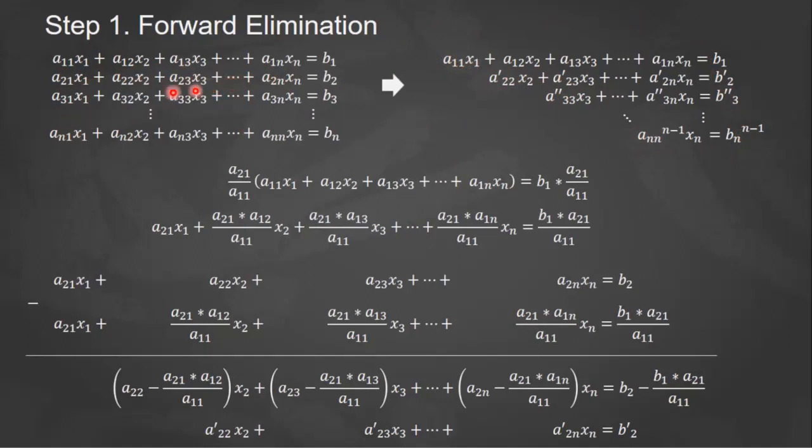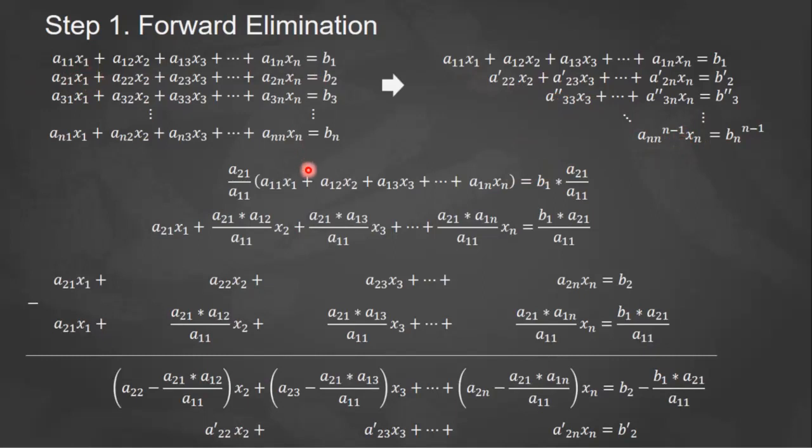Then x sub 2 is what remains. From the third up to the last equation, x sub 2 should be eliminated. And the same goes with x sub 3, until only x sub n remains. So how do we eliminate x sub 1? Here is the second equation.